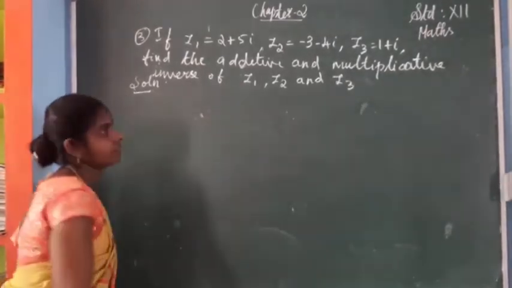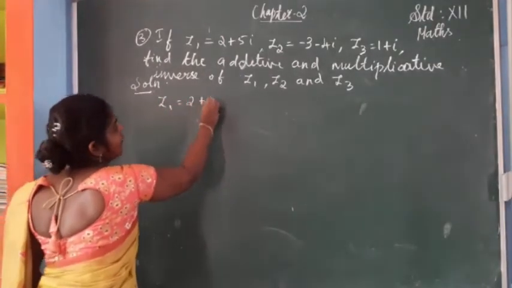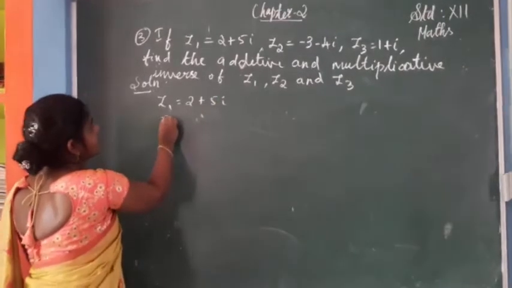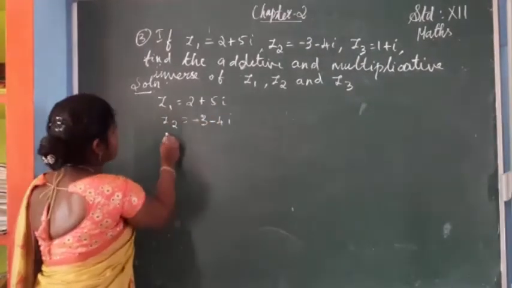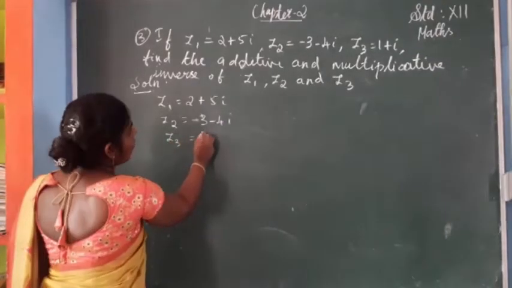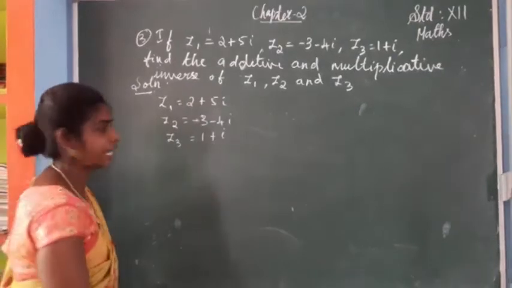So first we can write the given data. Z1 is equal to 2 plus 5i, Z2 is equal to minus 3 minus 4i, Z3 is equal to 1 plus i. So first we can find the additive inverse.